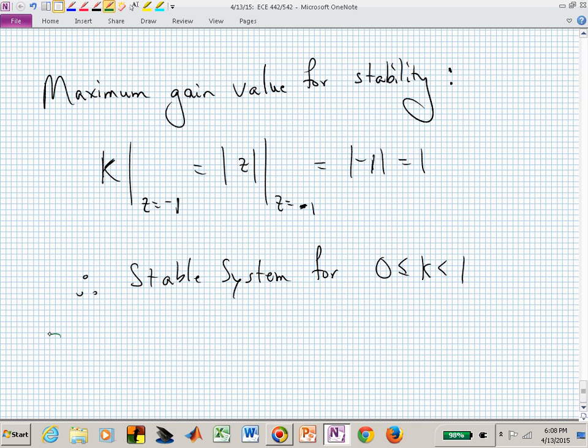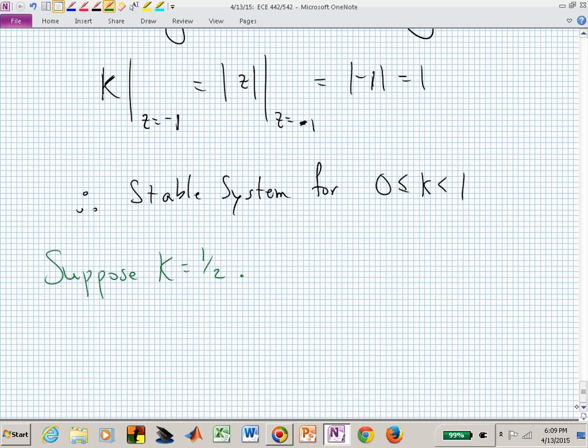Let's pick a value for k just so that we can compute some other system properties. Suppose k is equal to 1/2. And on an exam, I might give you this block diagram, and I might say, is the system stable with k equal to 1/2?